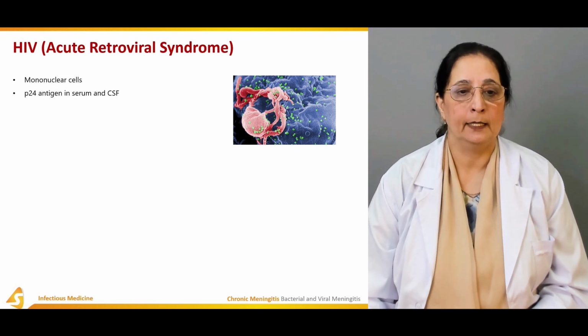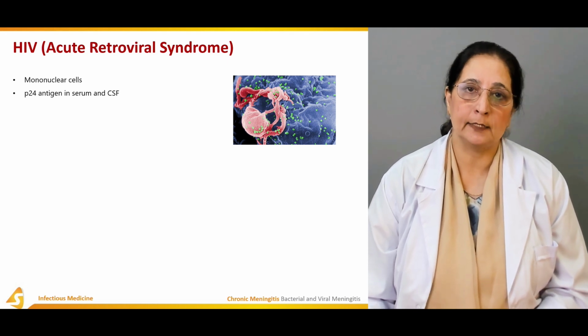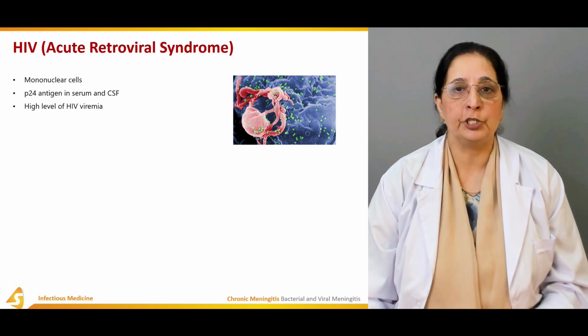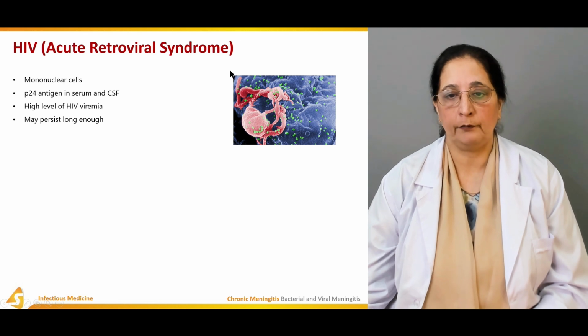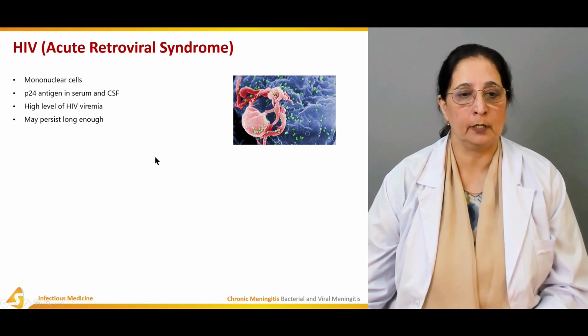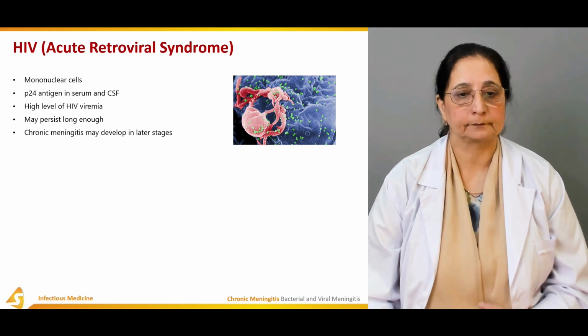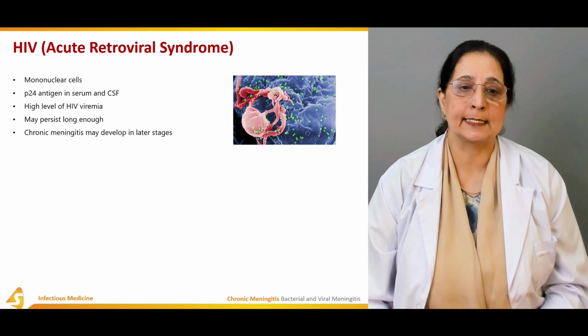Mononuclear cells, p24 antigen in serum and cerebrospinal fluid, high level of HIV viremia. You can see high level of viremia in the picture; it may persist long enough. Chronic meningitis may develop in the late stage.